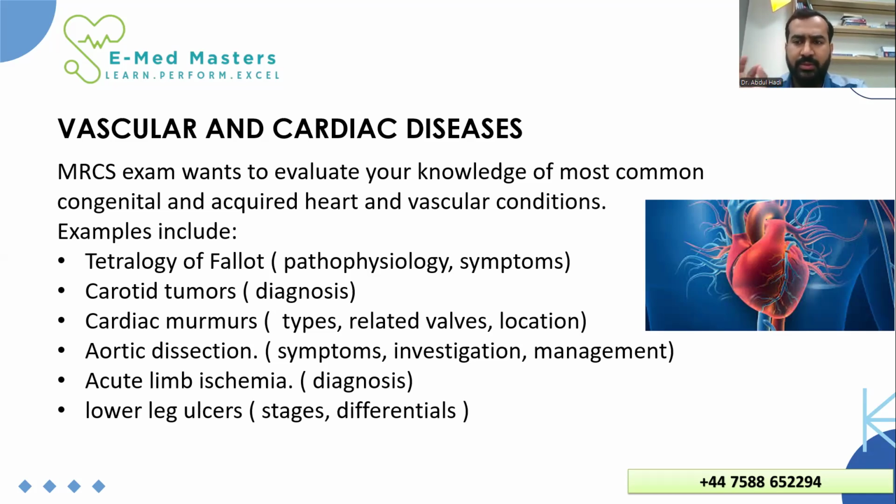They can ask anything. They might ask about the pathophysiology of this condition, or about symptoms, or sometimes about treatment. But mostly they focus on the anatomy and the pathophysiology of this and the initial symptoms with which the child will present.